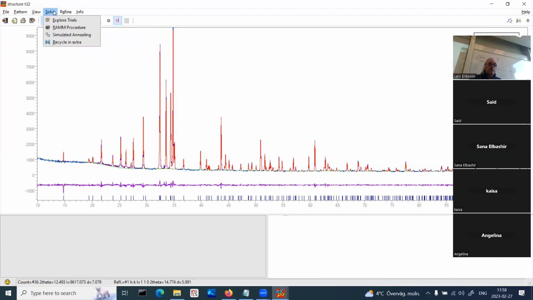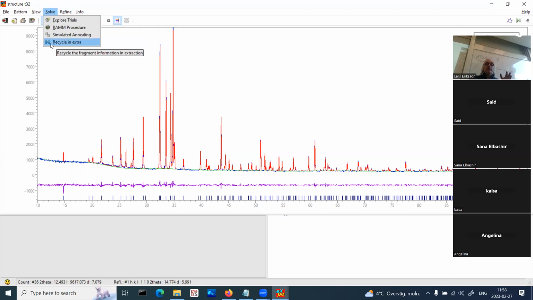There are also a lot of procedures below the solve menu here. We can explore and check. I think Expo can compute 20 different trial structures from the direct methods output, and test each one of them, and also use them as extra information in the extraction procedure.